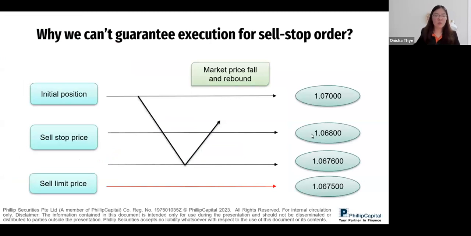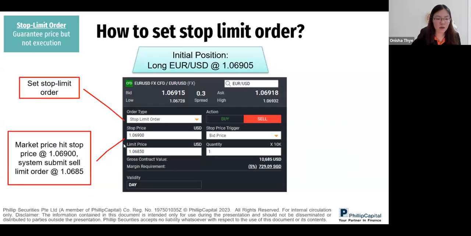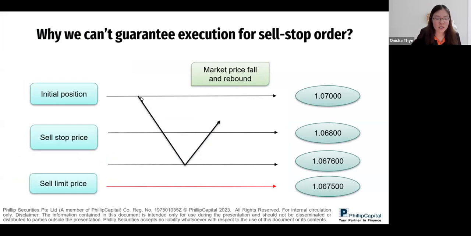Okay. So why can't we guarantee the execution for the sell stop order? As I said just now, we submit this order at the limit price, because the stop price is the triggering price, right? So the initial position is over here. When the sell stop price is triggered, we will submit a sell limit price over here.